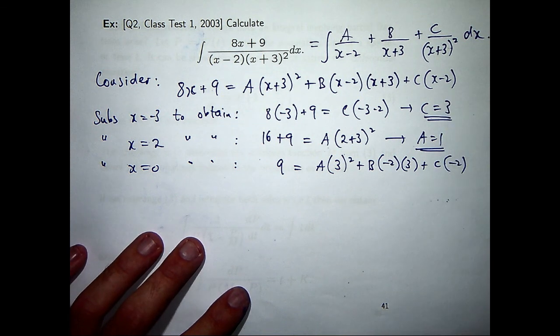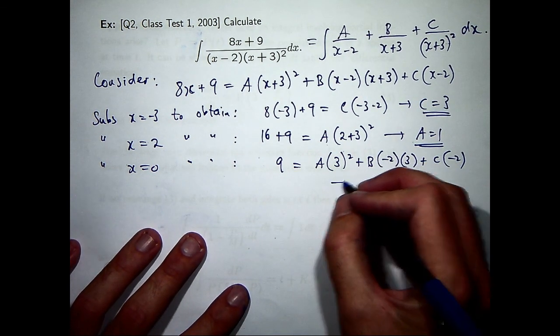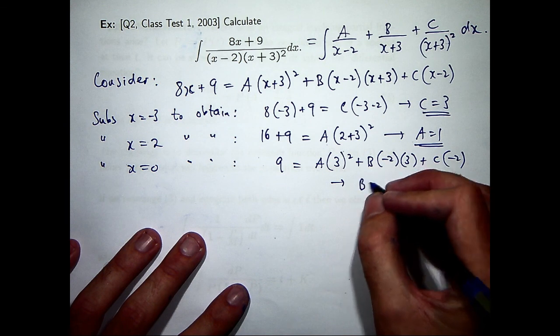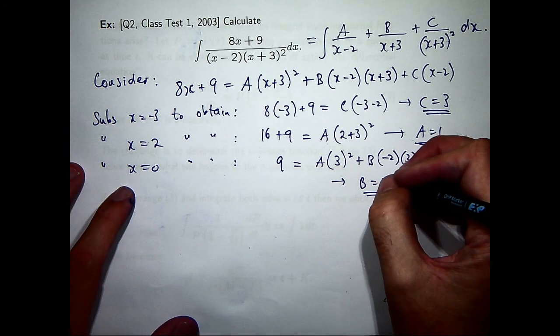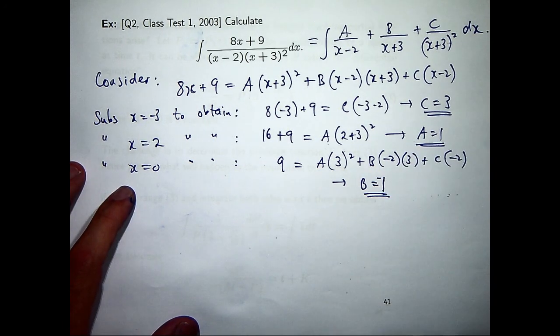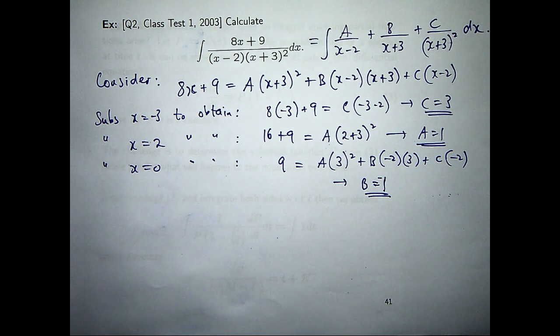Now, I already know what A and C are, so this is going to give me B equals minus 1. So I've got my 3 constants that I'm chasing. So now I can integrate, hopefully. Oh, minus 1. Sorry, I left the minus off. Thank you.